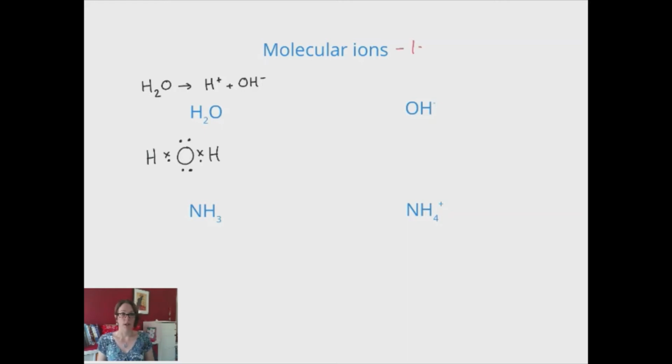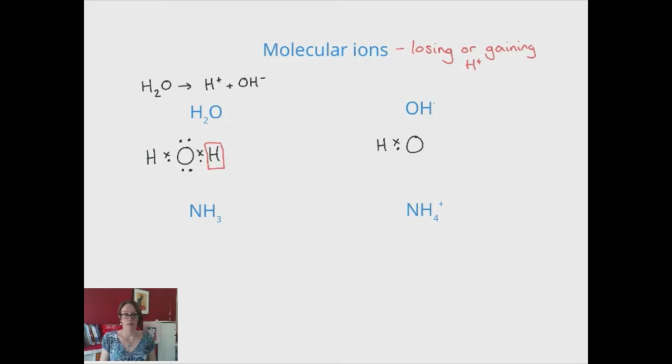So all I'm doing when I'm losing or gaining a hydrogen ion, which is what we're going to be looking at, is literally just taking away the H, because the hydrogen atom would be a hydrogen with one single electron. So the hydrogen ion would simply be like rubbing out the H in the diagram and leaving the electron behind. So that's how we remove H+, if you think about it.